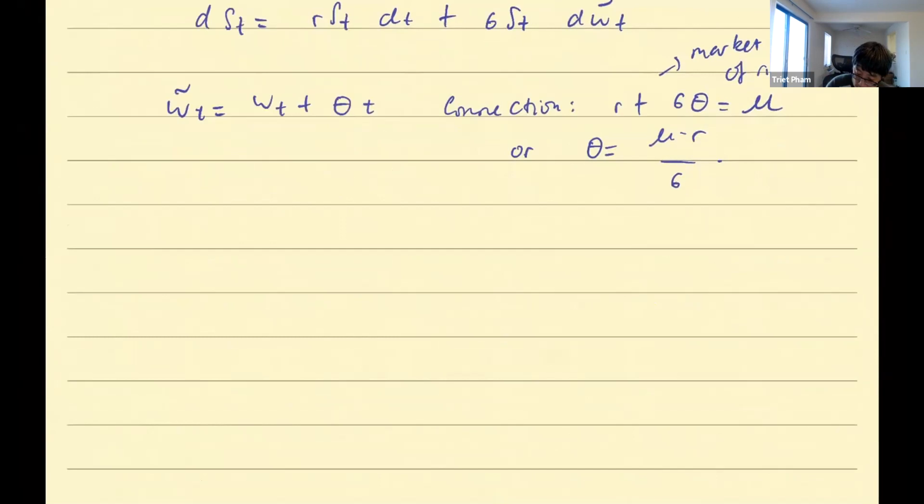Well, let's write it down. dS_t is the old model. The hardest thing is to write this down again and again. It just takes too much time.